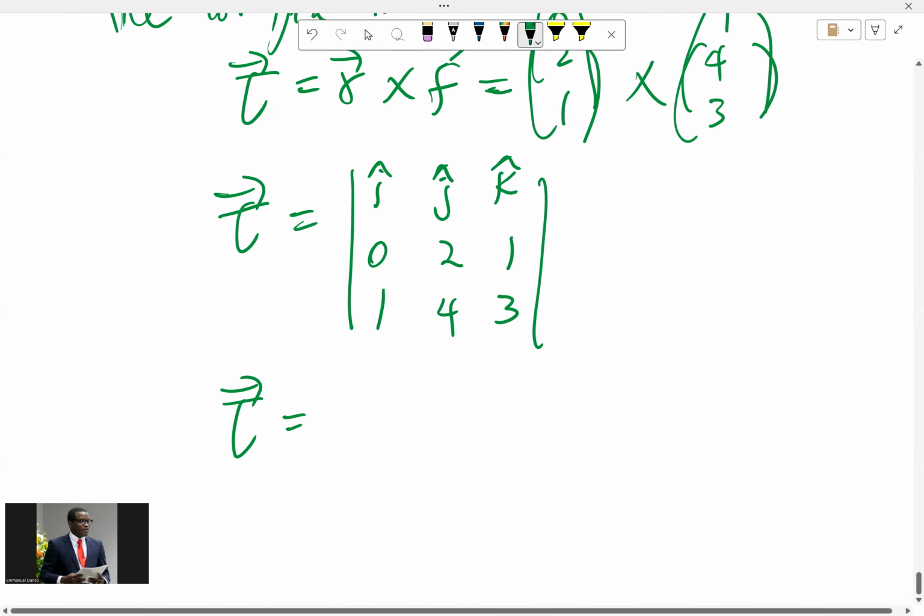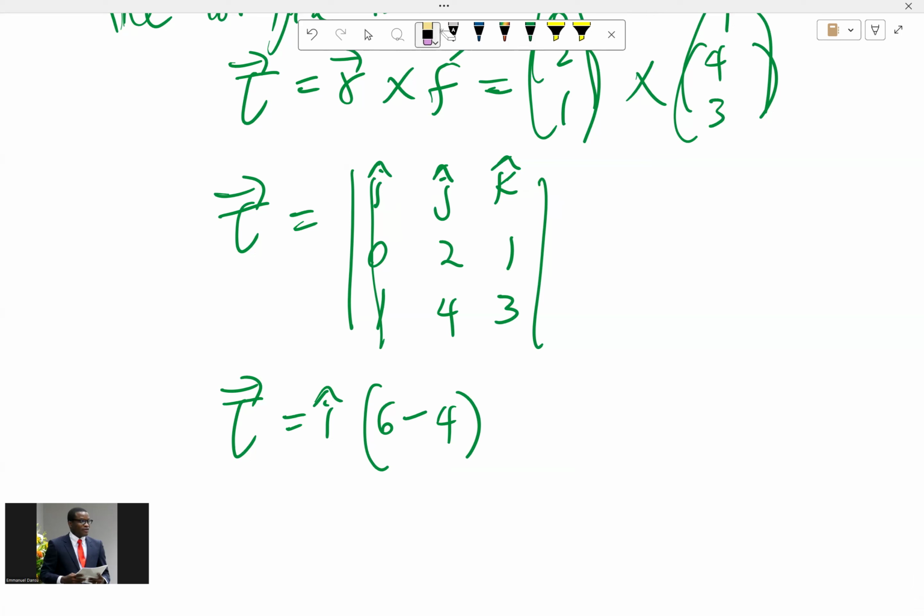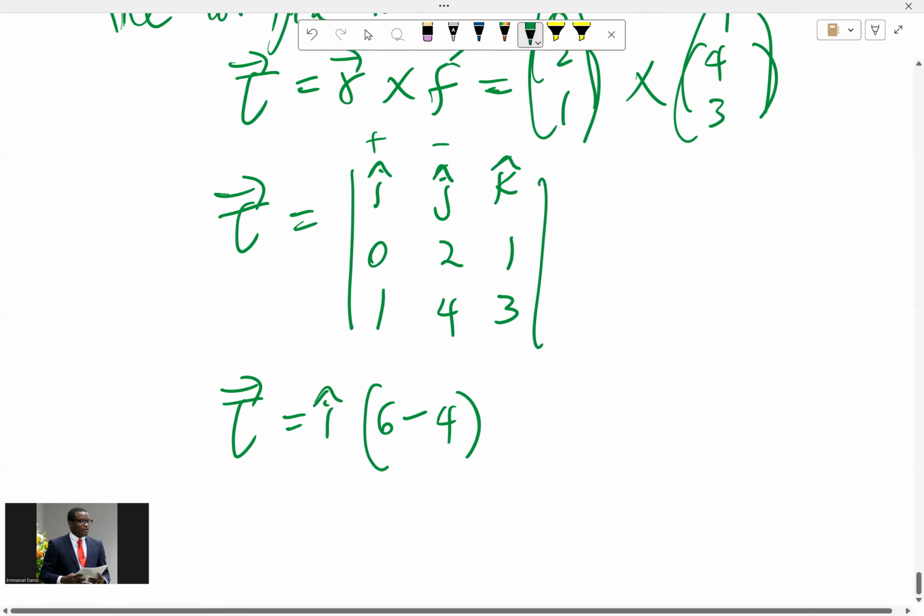So if you take i, that's positive i, cross the column, cross the row: 2 times 3 is 6, minus 4 times 1, that's 4. Then the next thing is we go to j, which carries a negative sign now. So this is positive, this is negative, this is positive. So negative j, cross the column, cross the row: 0 times 3, that's 0, minus 1 times 1, that's 1.